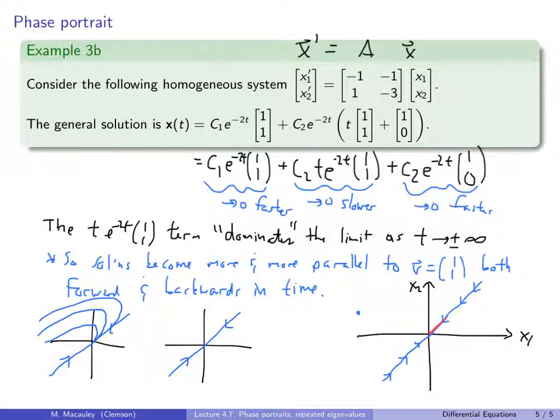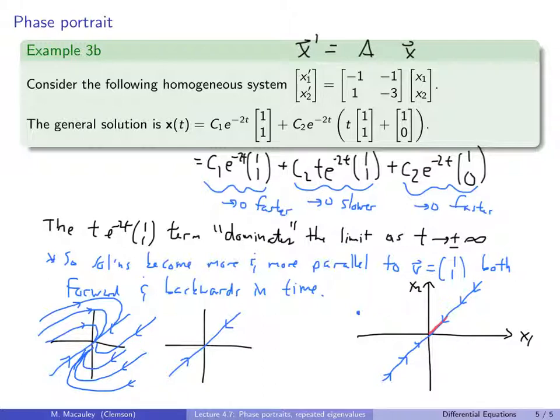You can see these curves, both forward in time and backwards in time, are limiting toward this line, at least their slope is, that is. And then backwards, so we have things that look like this. So that's one possibility.